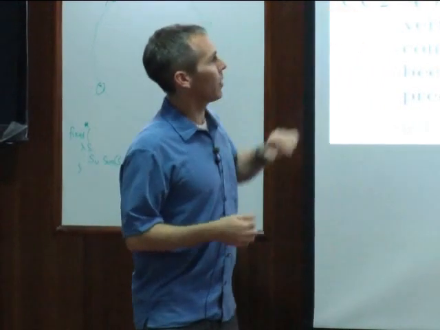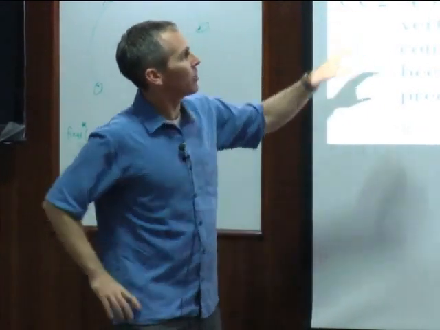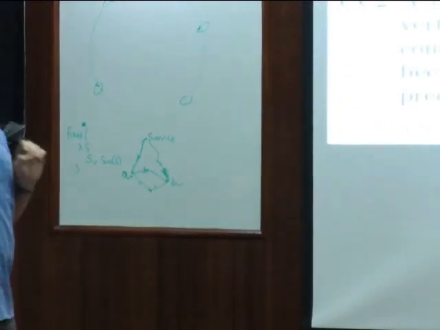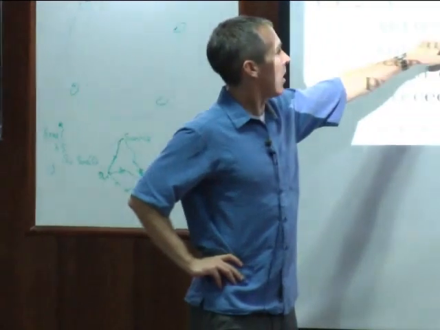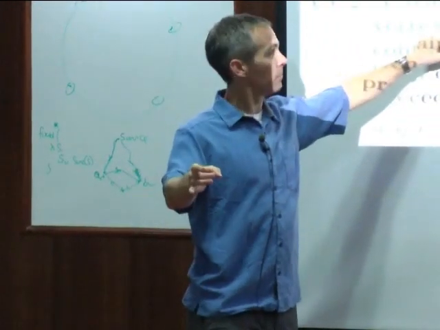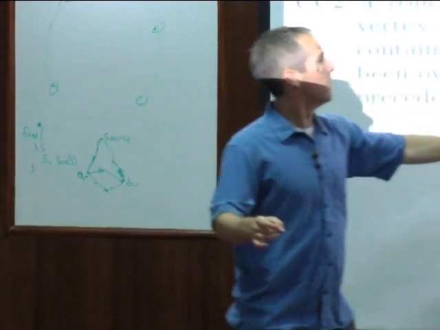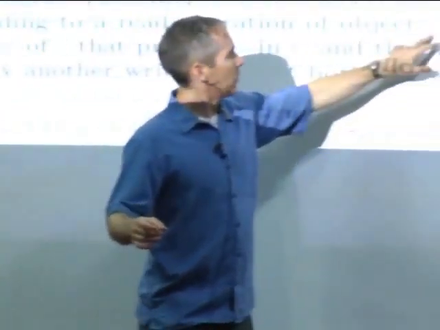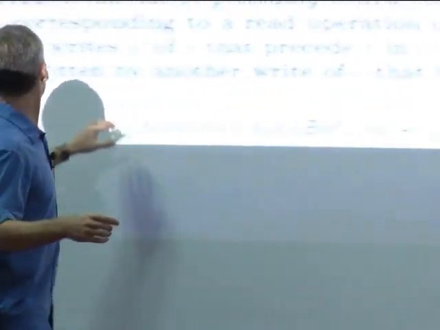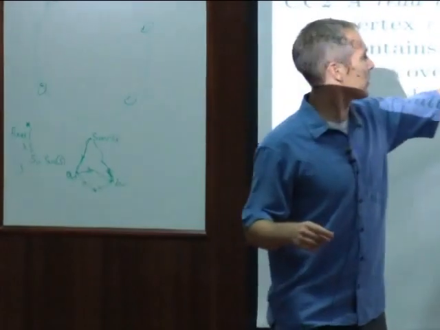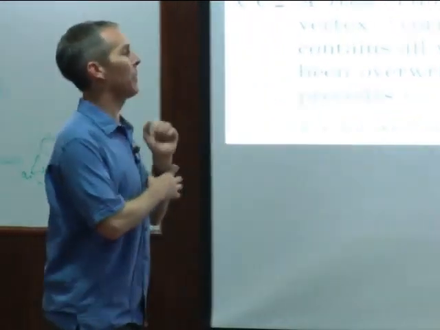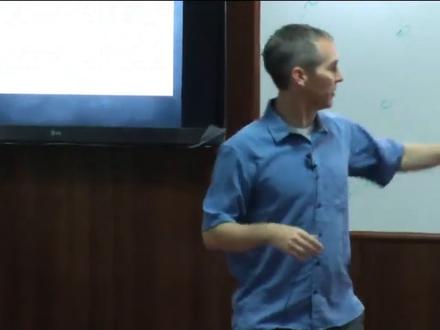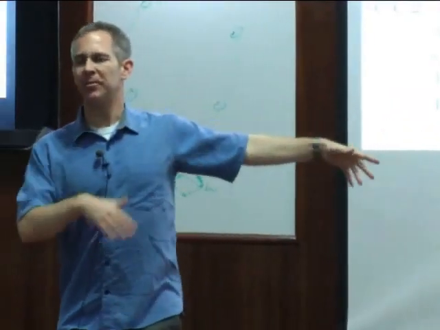The second requirement is that a read returns the latest preceding concurrent writes. So for any vertex R that's a read operation, read O, our result contains all the writes W of O that precede R in G and that have not been overwritten by another write of O that follows W and precedes R. So this is a complicated equation to express all that.